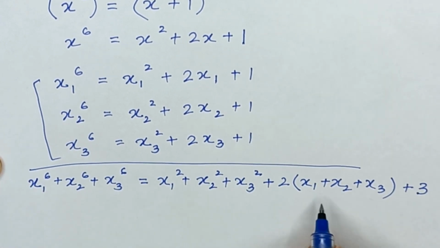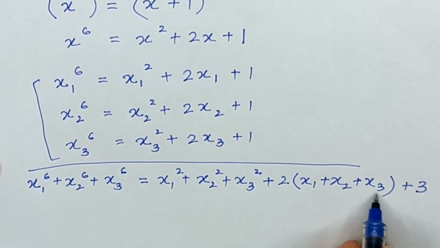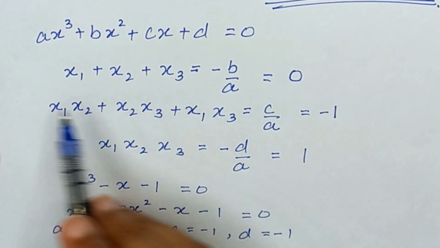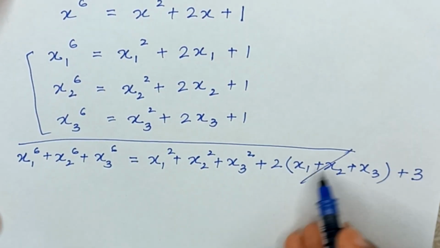Here I already have the value of x1 plus x2 plus x3, which is 0, so this term will be 0.